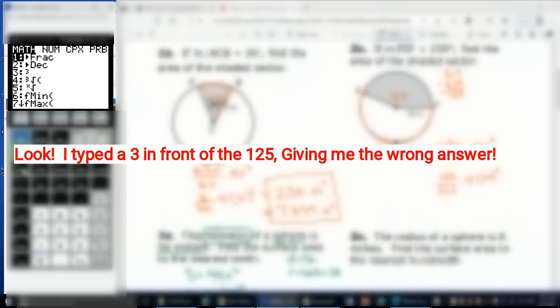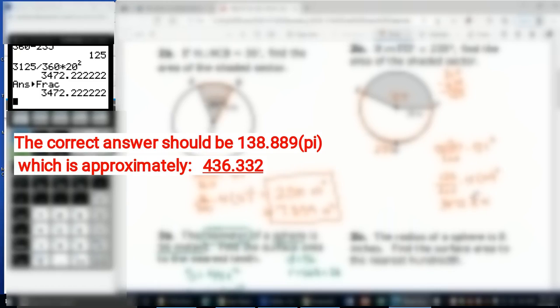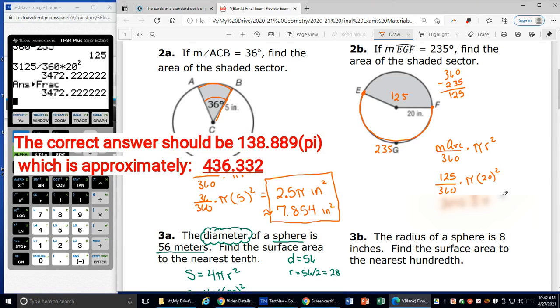gives me, let's see if I can make that into a fraction, because that's not a pretty decimal. Nope, it won't. So I'm going to be stuck here. It's going to be 3472.2 repeating pi for my exact answer, because I did note that it was repeating, square inches.